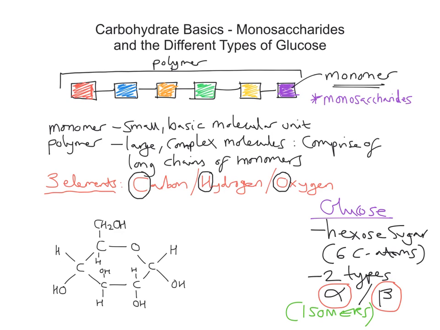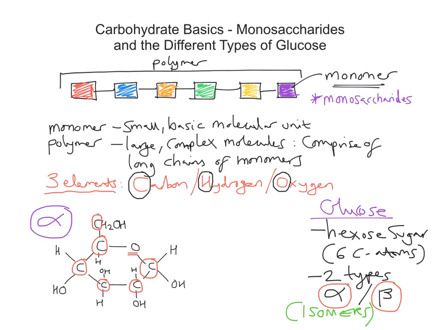Let's take the alpha glucose. So this is our alpha glucose molecule here, this image that I've drawn on the bottom left. So let's count up the carbons first of all, because we said there were 6. So there's 1, 2, 3, 4, 5, 6.